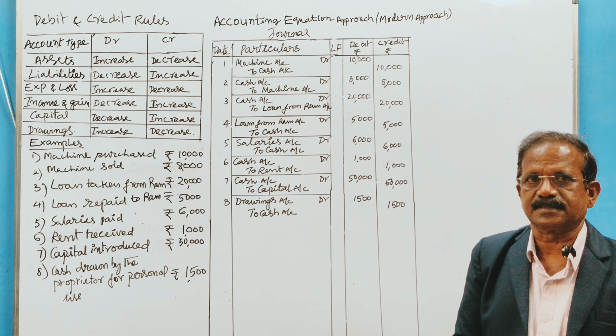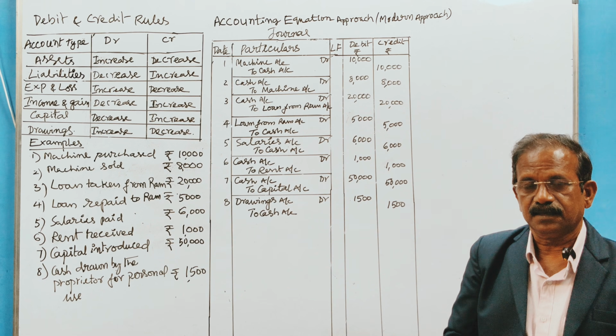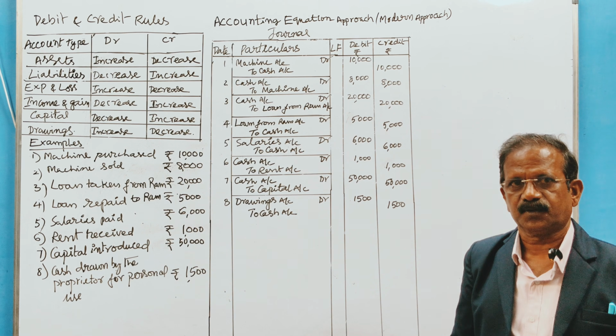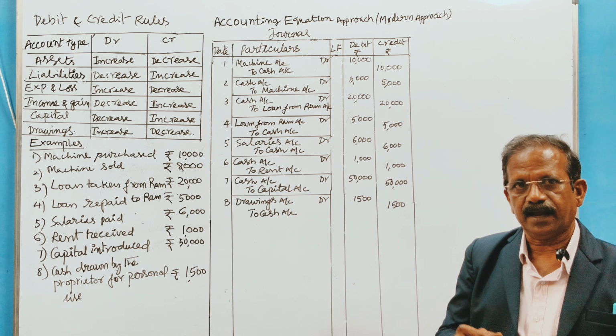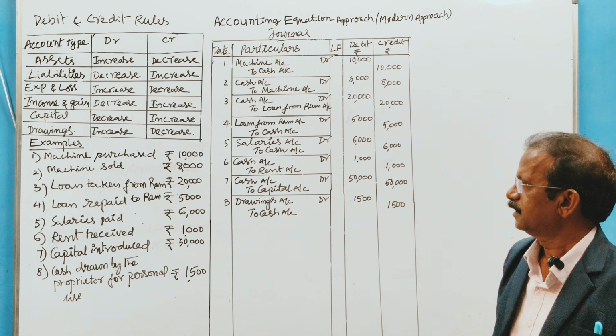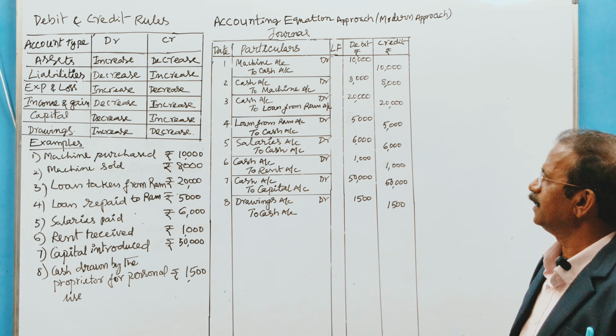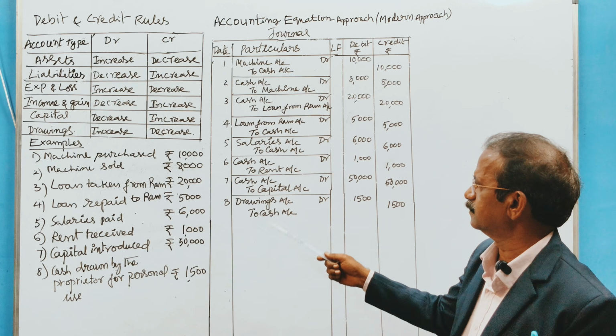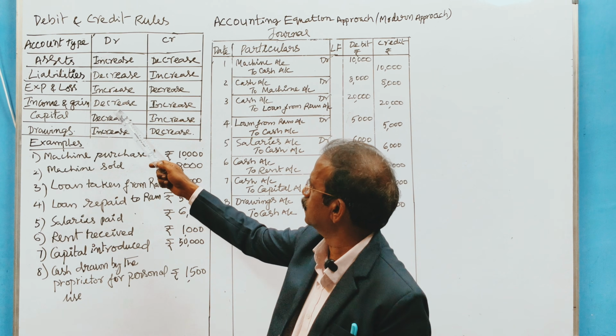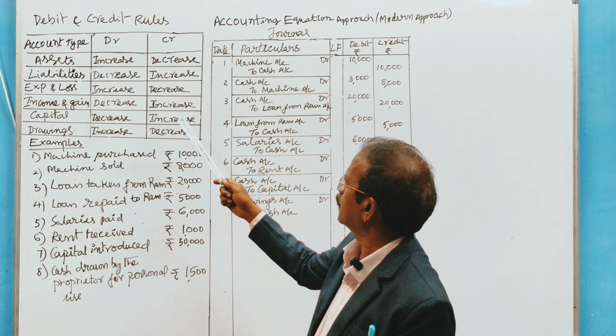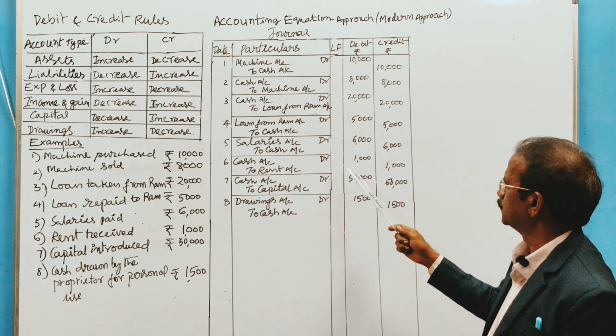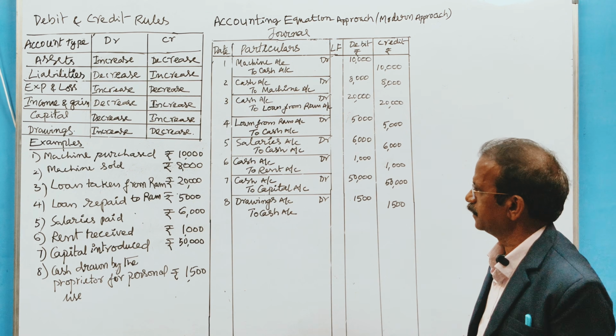It remains with us. That amount is remaining with us. We can keep it and we can use it. That's why it is an income. Since it is an income, according to this rule, increase in income is to be credited. So rent account is credited.